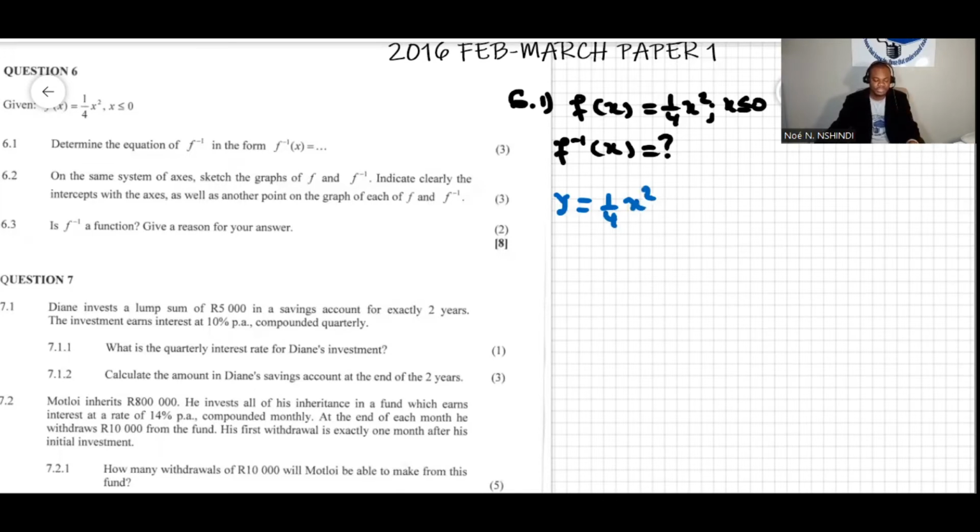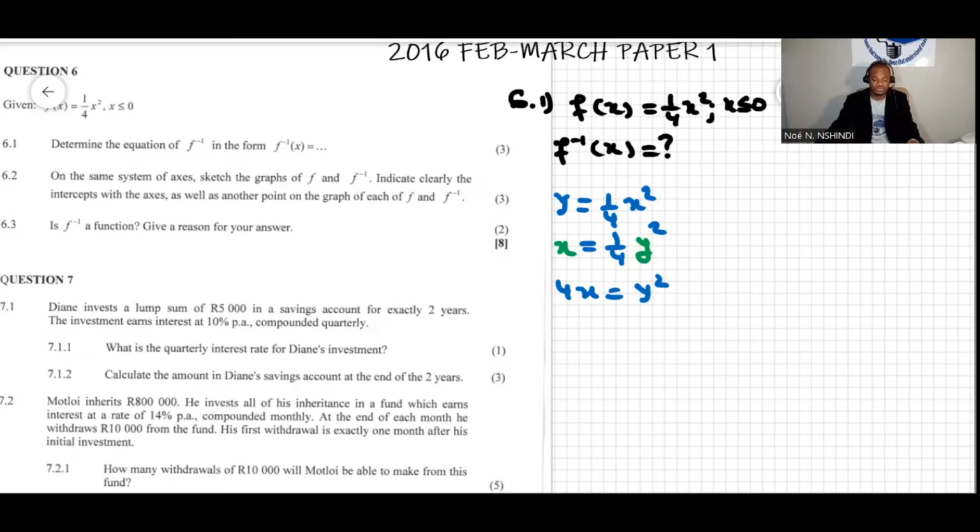We swap the variables, so we call y x and then x y. Now this will be x equal to a quarter y squared, okay? And then we're going to make y the subject of the formula. Now, if I move the quarter to the other side, this will be 4x equal to y squared.